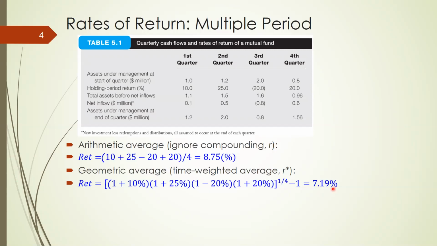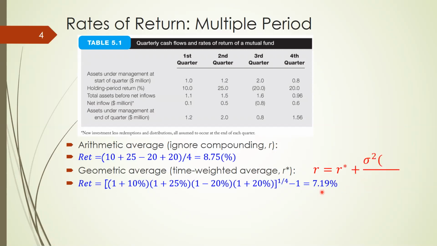So geometric average represents the actual growth in the money in the real world. That's why mutual funds have to report geometric average return per SEC regulation.